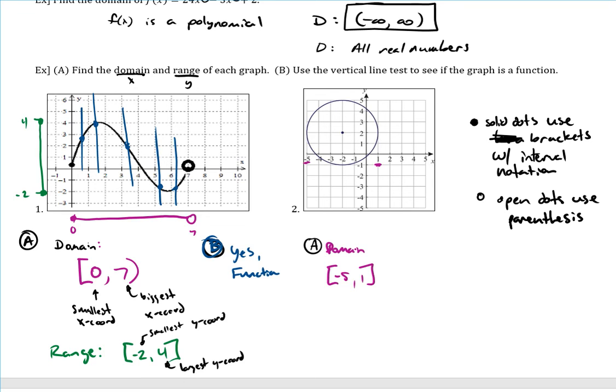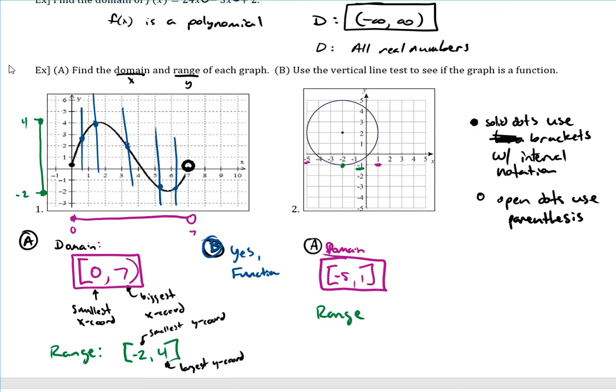Let me go ahead and box our domains from the two problems. So there's our domain. The range on this problem, let's do this one in green also. Range is where we have our smallest y coordinate to our biggest. It looks like our smallest y coordinate starts at -1. I'll put a little green dot there to show where my y coordinate begins.